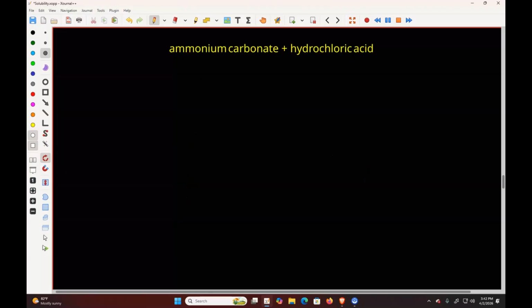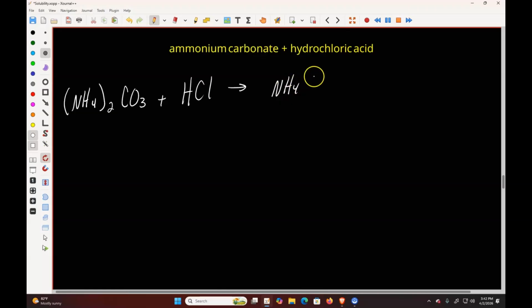In the next reaction, I have ammonium carbonate and hydrochloric acid. So ammonium carbonate plus hydrochloric acid is going to produce ammonium chloride plus H2CO3, a carbonic acid.